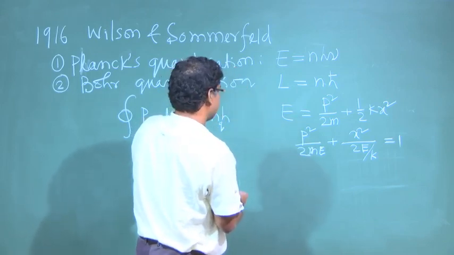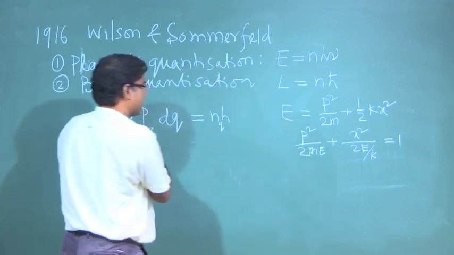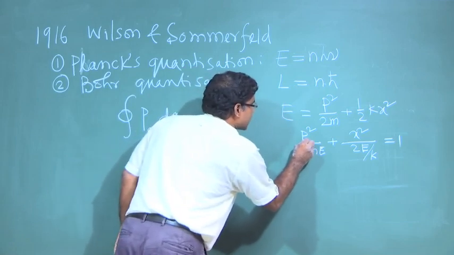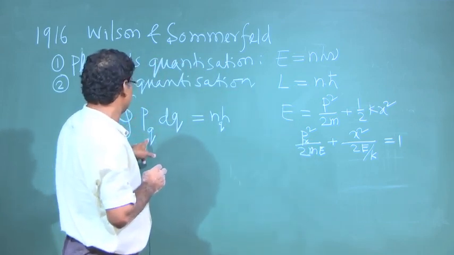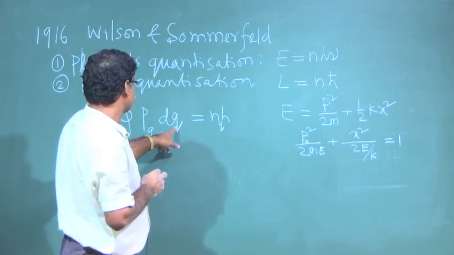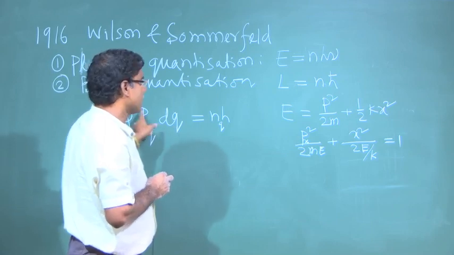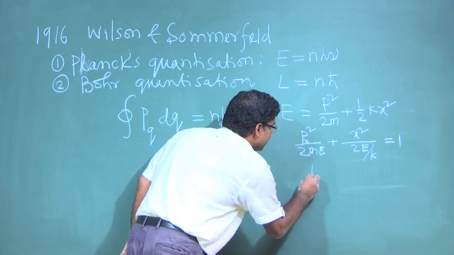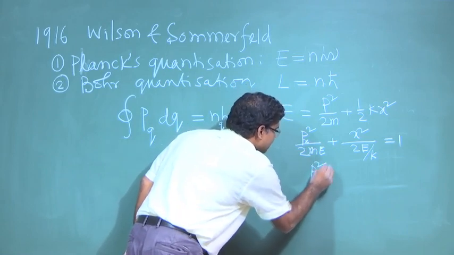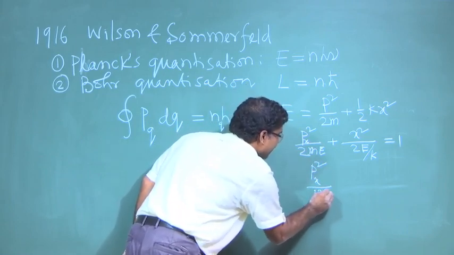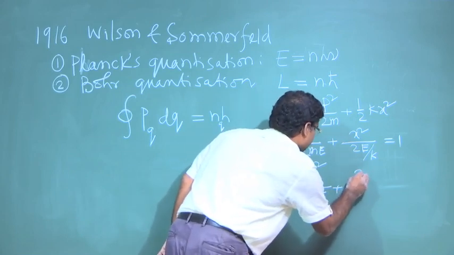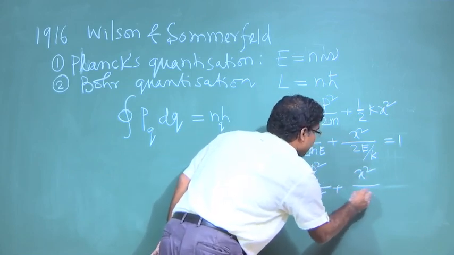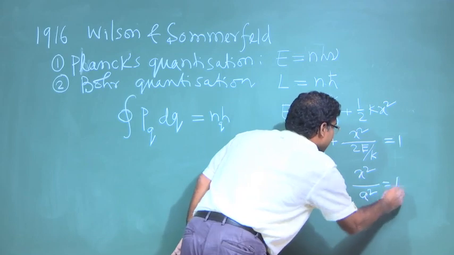So, here q I have taken as x and p is the momentum p x. So, I can write p x square divided by b square plus x square divided by a square equal to 1.